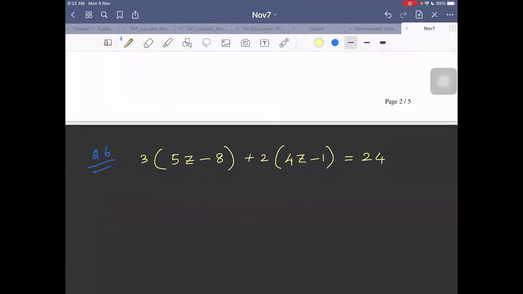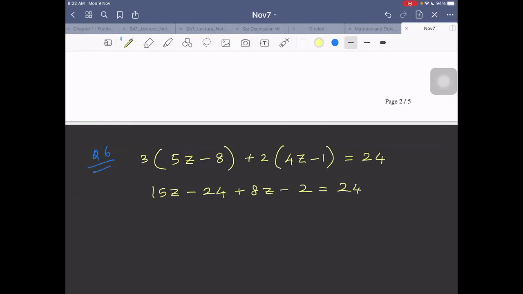So this is a regular question. You just begin by expanding this bracket here. So we have 15z minus 24 plus 8z minus 2 is equal to 24.